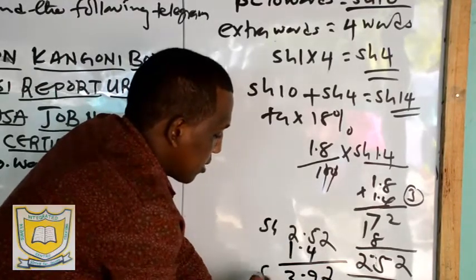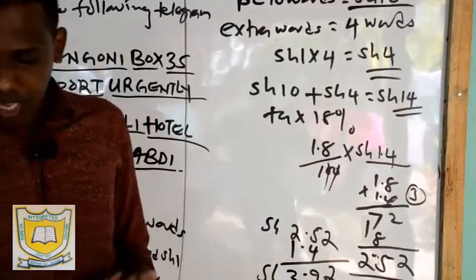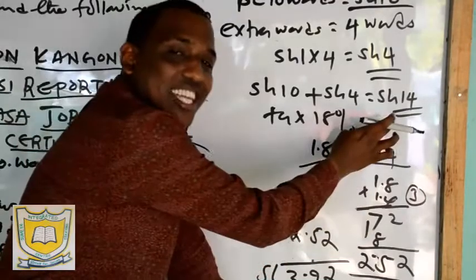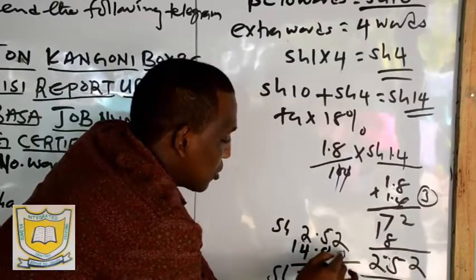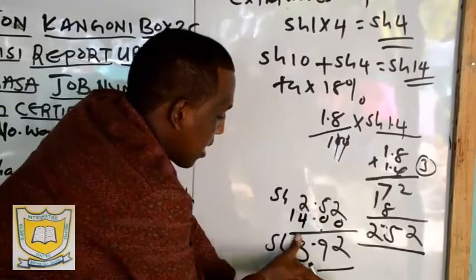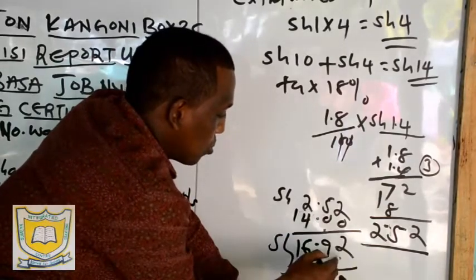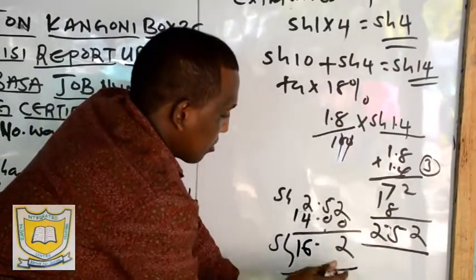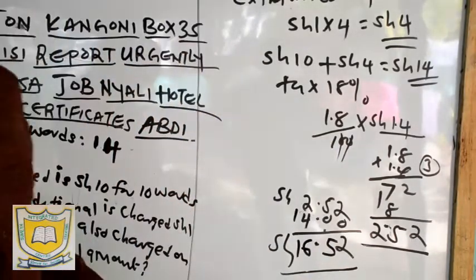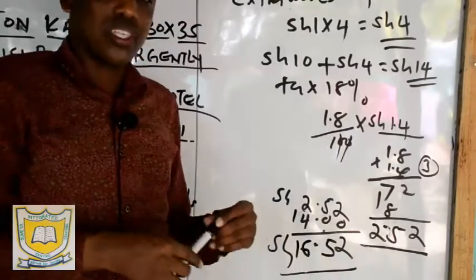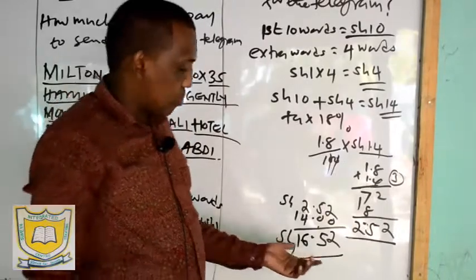The total amount was 14 shillings, plus 2.52. So you will get 16.52. That is now the total amount charged.